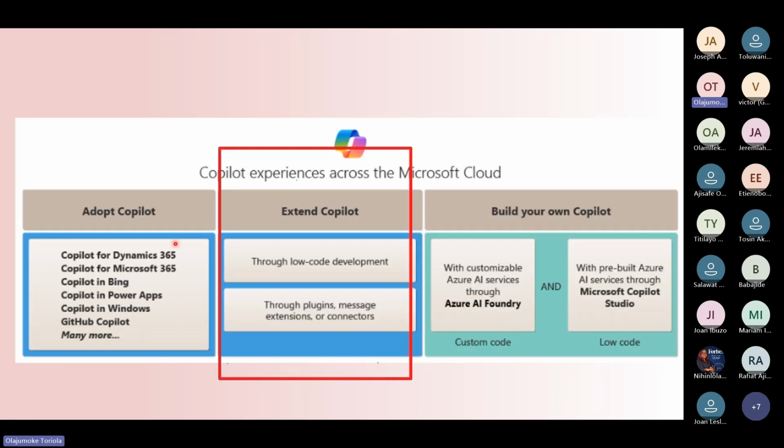The next thing we want to look at is how to extend Copilot. We can extend it through local development, like Copilot Studio, or through plugins, message extensions, or connectors.